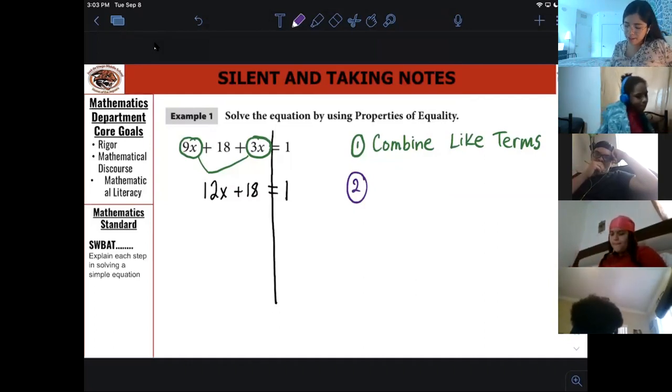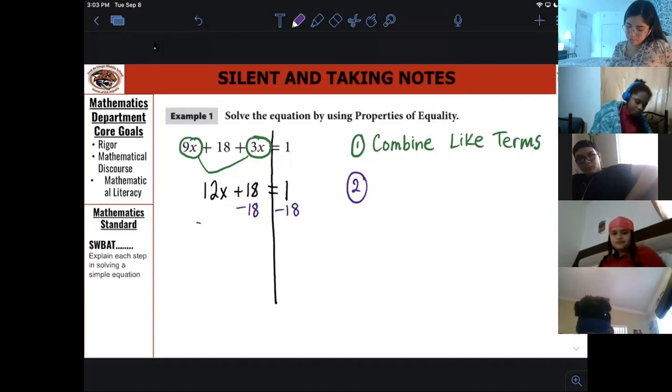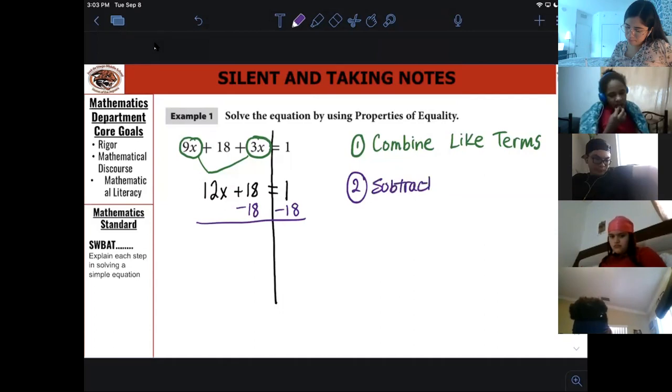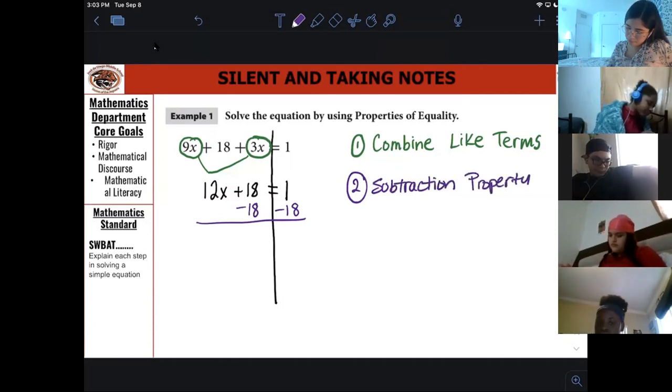So to get rid of my 18, I see a plus, I'm going to write down a minus. I'm going to subtract. This is my subtraction property. When I subtract, my 18s go away, and I'm left with 12x.